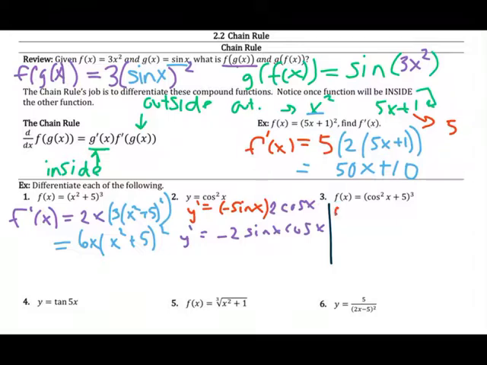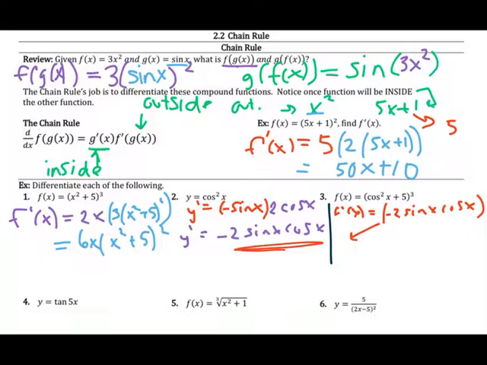So f prime of x is, the inside function is the stuff that we just found. So I'm going to take this answer that we found on number 2, and I'm going to use that for cosine squared. So the derivative of the inside function is negative 2 sine of x cosine of x. And I'm running out of space, so I'm going to move this here.